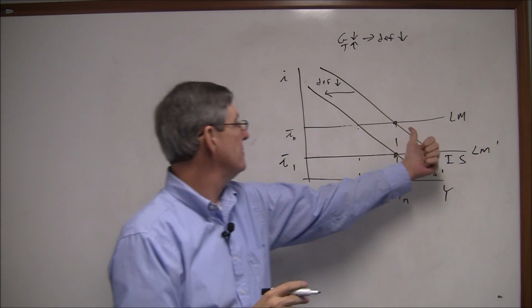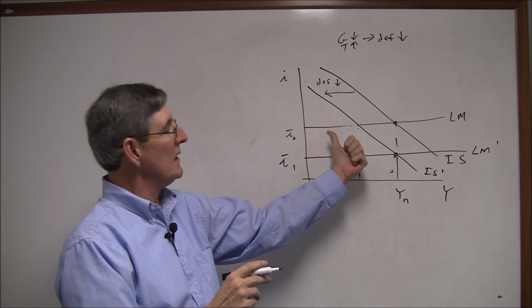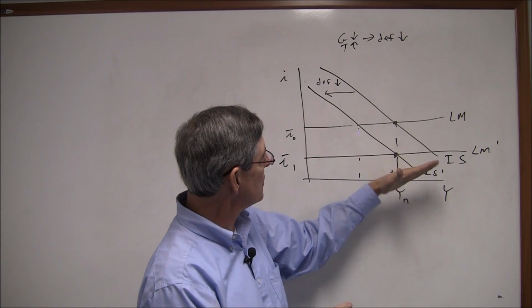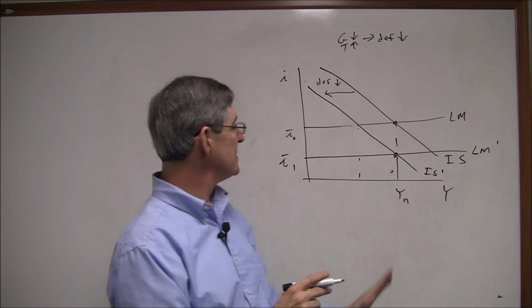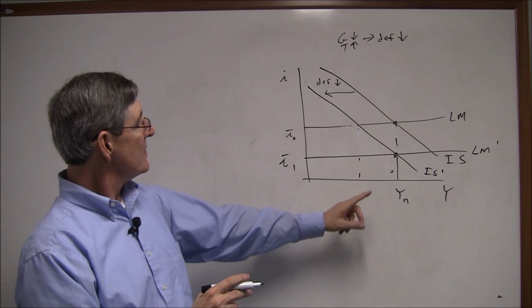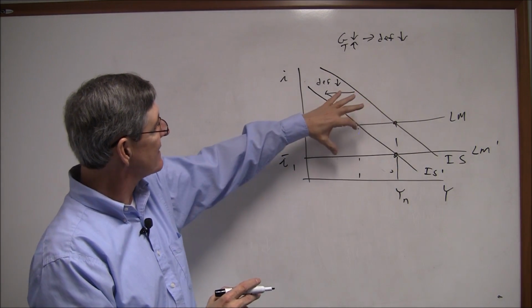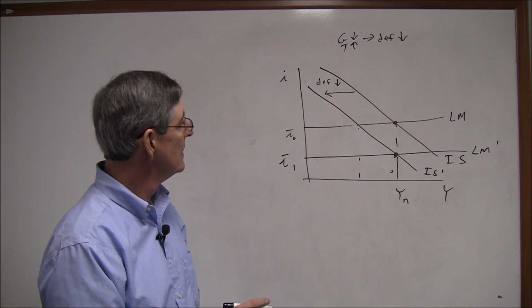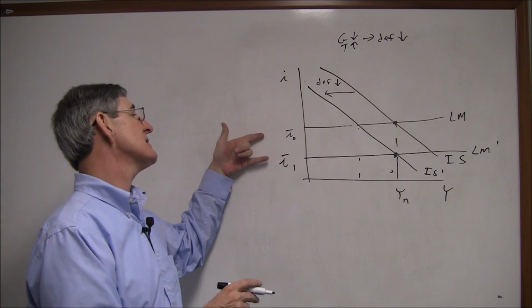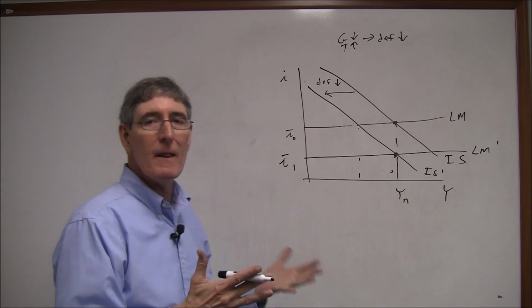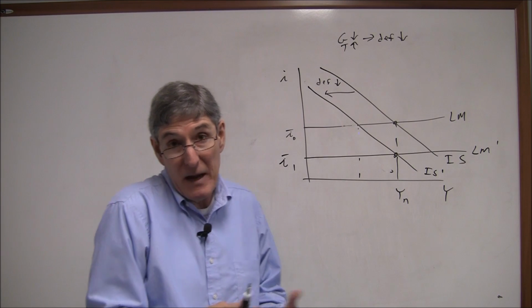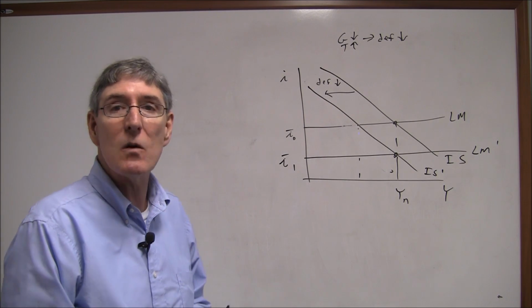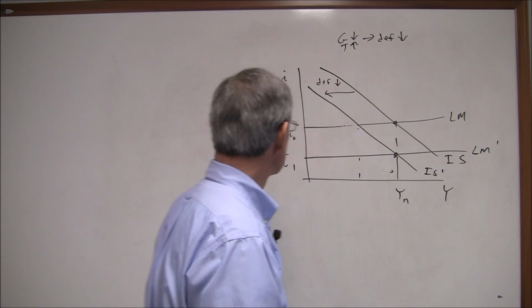So you've got one policy pushing output down and the other policy pushing it up so that on balance you stay right where you were. So this would allow the government to cut the deficit without worrying about causing a recession, so long as the Fed were cooperative. I mean, the Fed's independent. It may or may not want to go along with that, but if the Fed's cooperative, that's going to work.